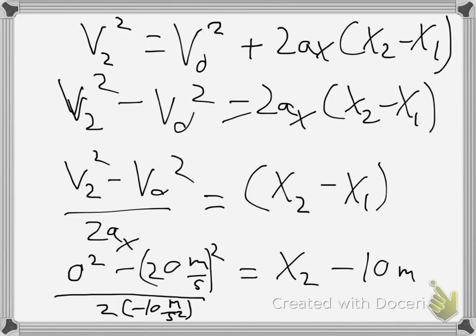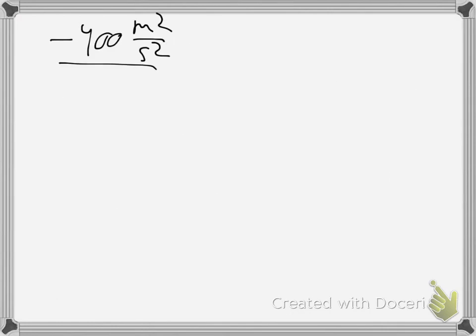Alright, so moving to the next slide, that will give you 400 meters squared over second squared over minus 20 meters per second squared is equal to x2 minus 10 meters.